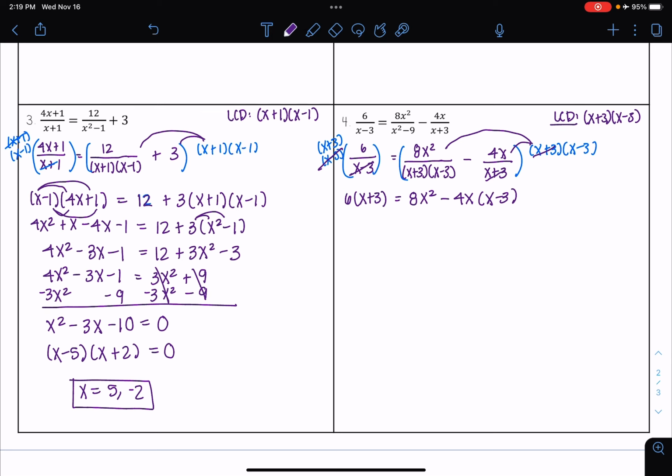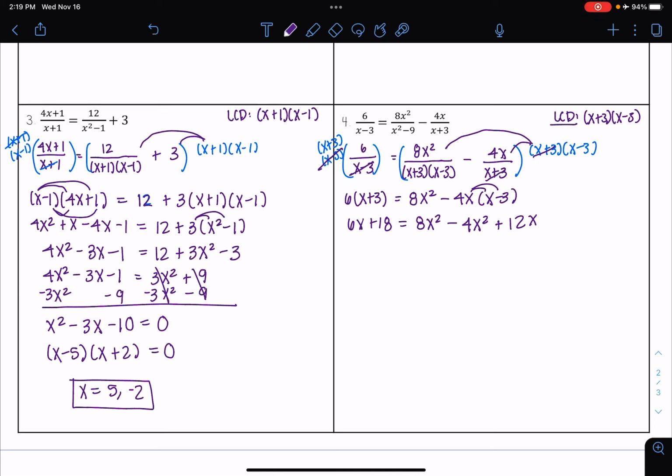Now we have a quadratic equation, so I'm going to do some simplification and then get to a point where we can factor it. So first I'm going to multiply that 6 in, and I get 6x plus 18 is equal to 8x squared minus 4x times x is 4x squared, and 4x times negative 3, I get a positive 12x.